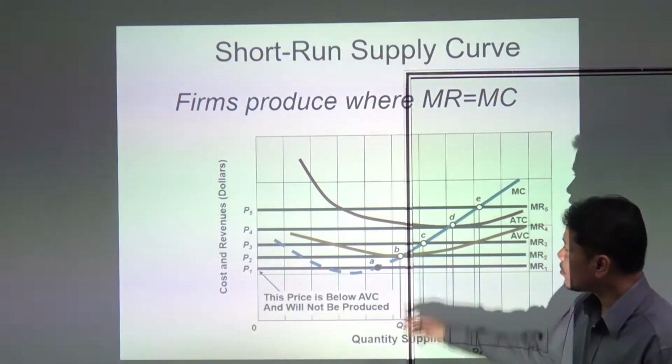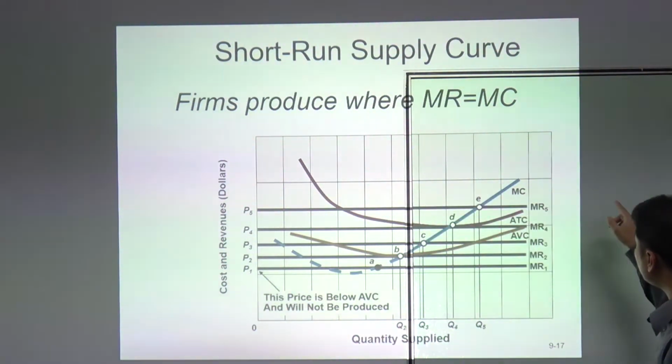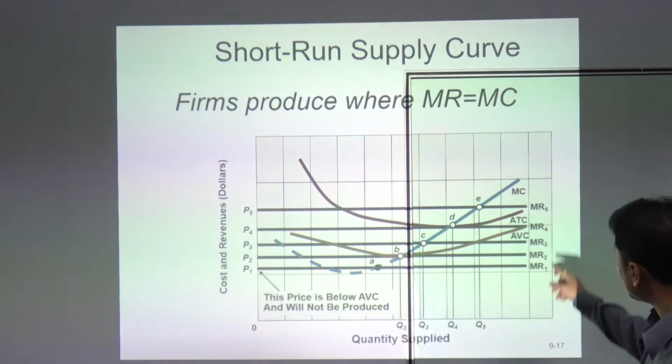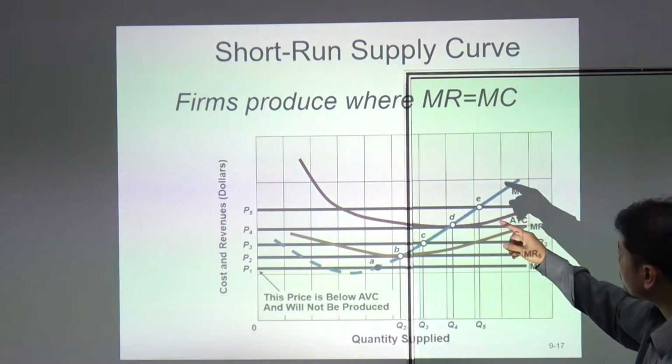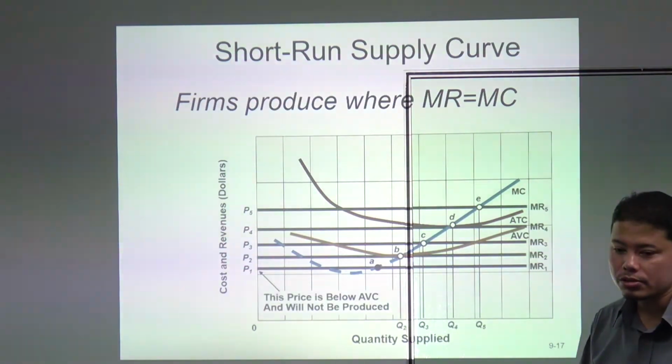The price may also be at P4. If the price is P4 here, MR4 equals MC at point D, and therefore the quantity will be Q4. So when you trace up from Q4 to the price, we see that price P4 is just equal to the average total cost.